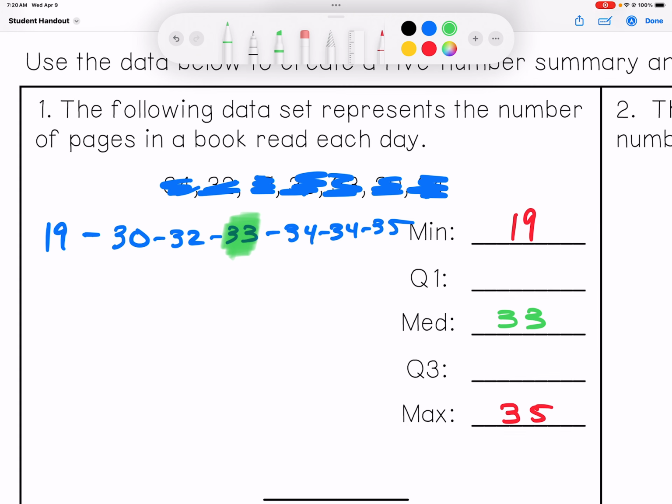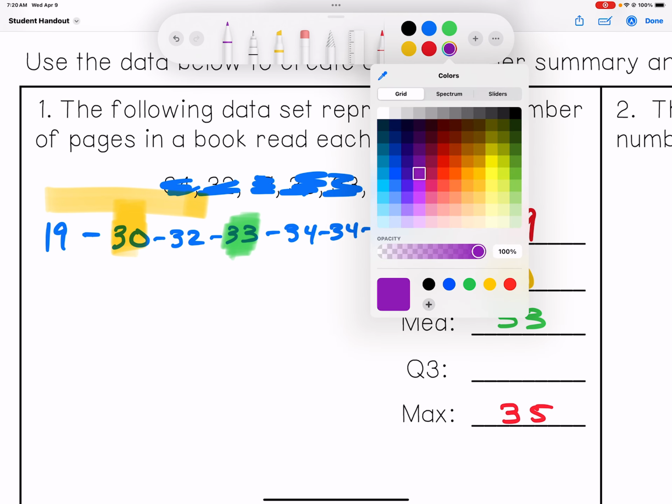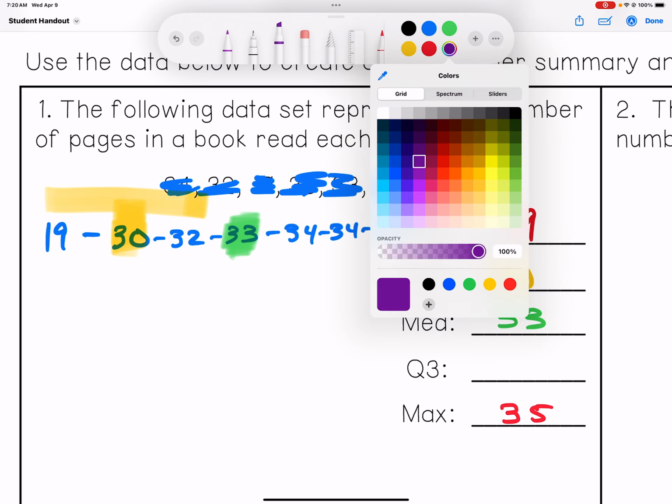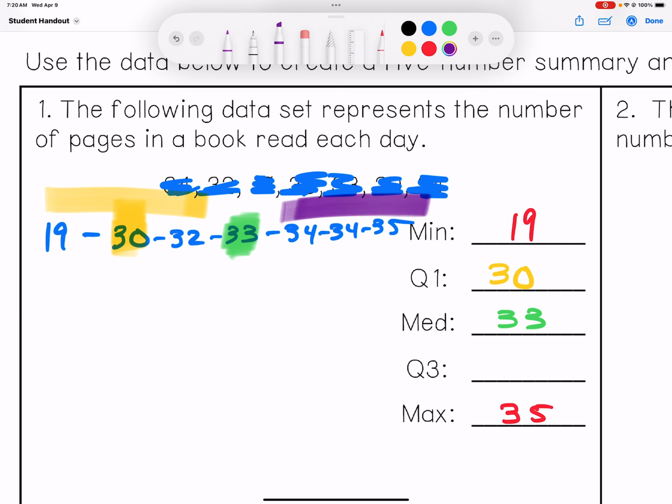Now look at Q1 and Q3. Q1 is right here, and the middle point of that one is 30. All right. And the third quartile and the middle point of that is 34.